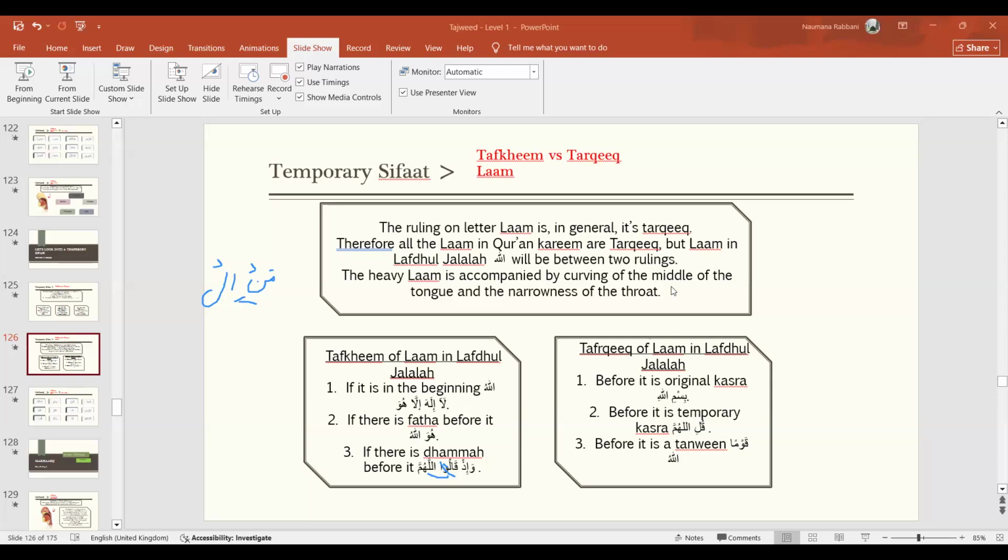If there was kasratain, we get rid of the noon sakina and still give the noon a kasra. If there was dhammatain, we still give the noon a kasra. That's how we resolve this issue of two sakina together.